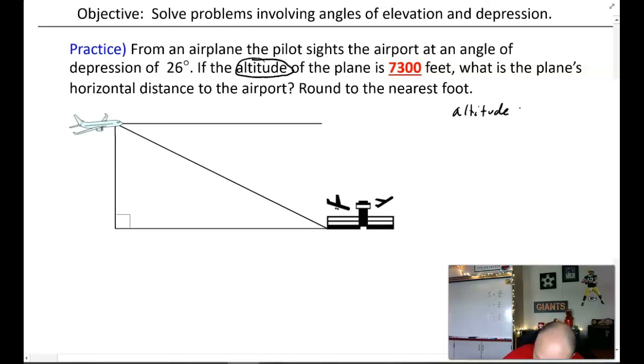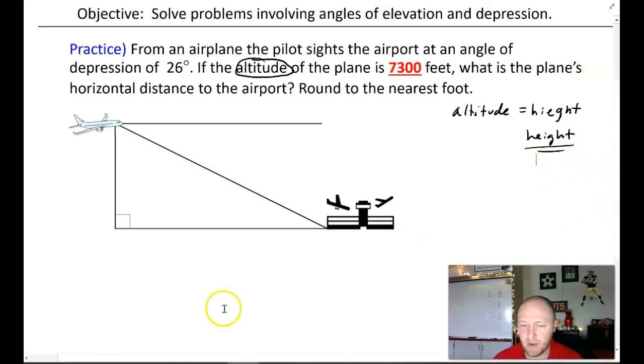Altitude is equal to height. So when a plane has a certain altitude, that's how far up in the sky it is. All right, pause the video and give this one a go.